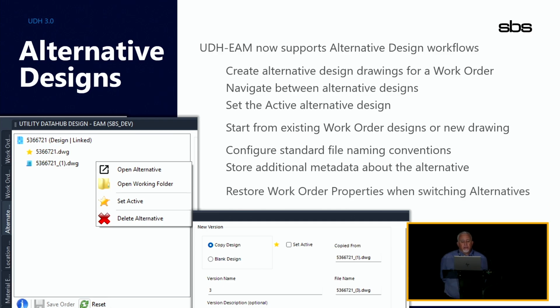And then you can restore work order properties when switching between them. A lot of times your work order properties drive costing. It could be if the tax districts are different, or any number of examples where for the overhead design you might have to set specific properties to say this is overhead construction, other things that get passed back to the work management system.